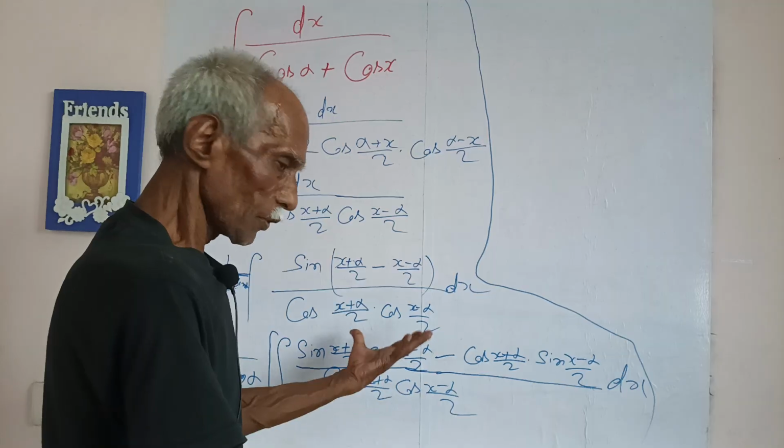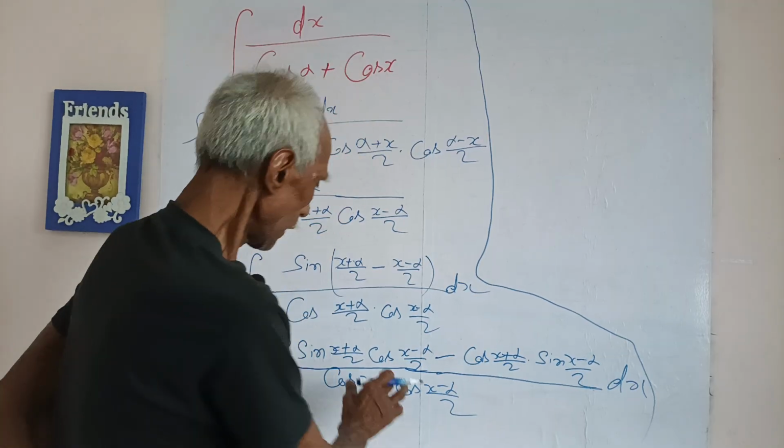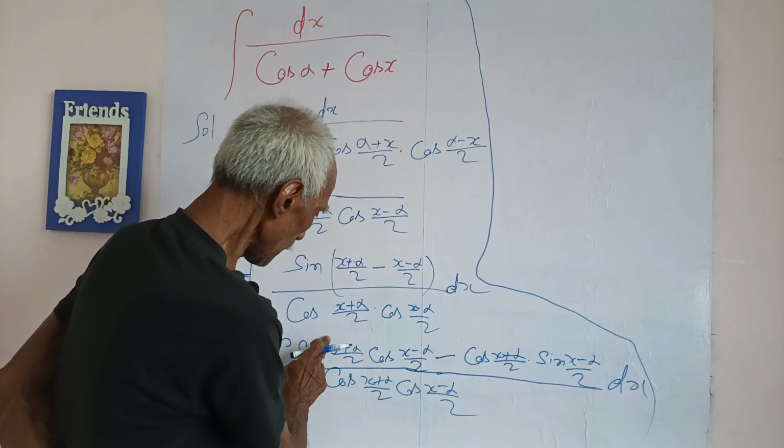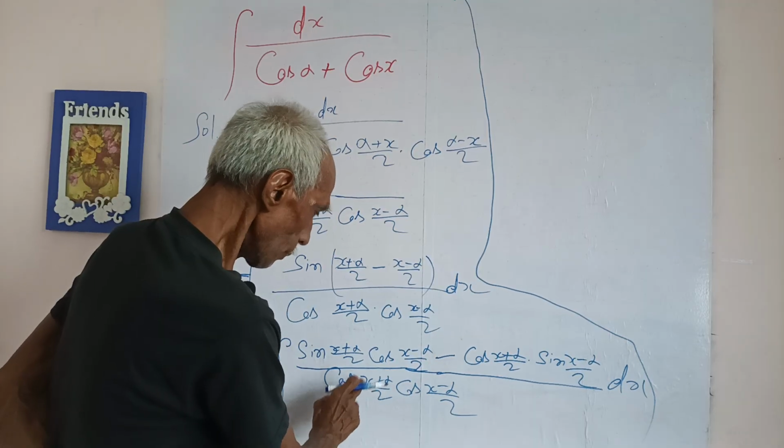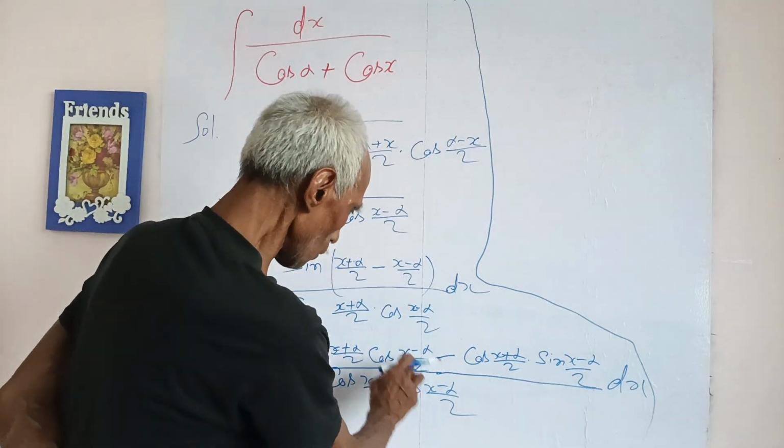Now if you write separately these two parts, then here will be sin (x plus alpha by 2) and cos by cos (x plus alpha by 2). This part will be cancelled.